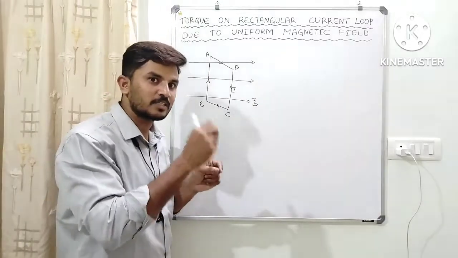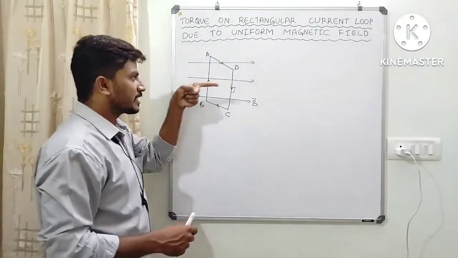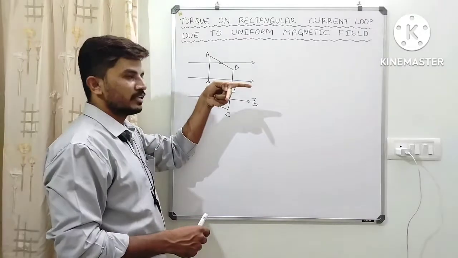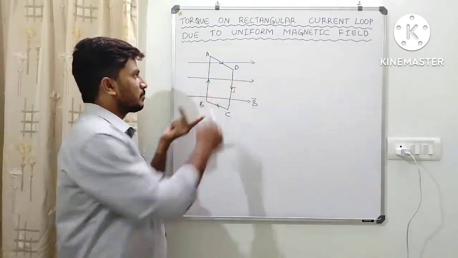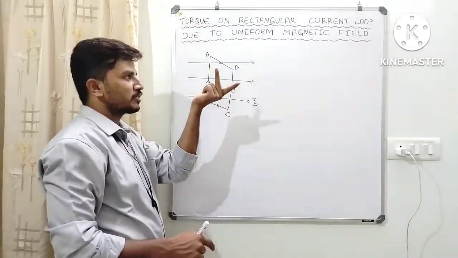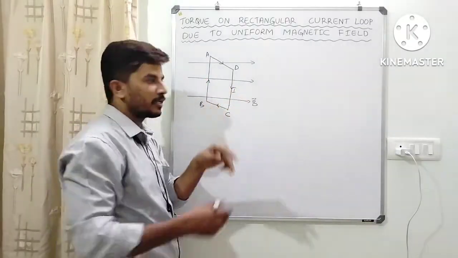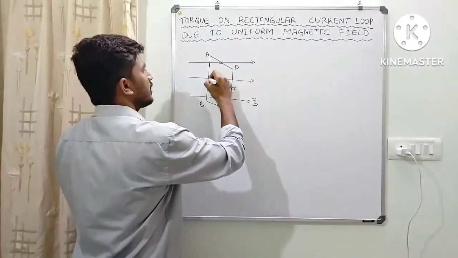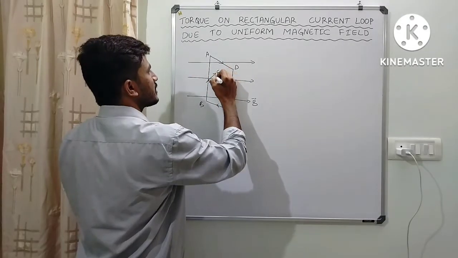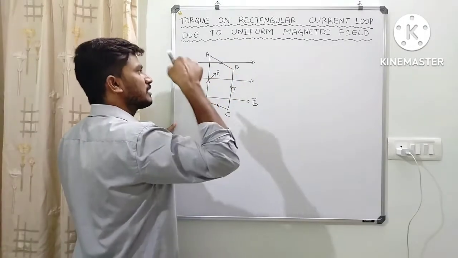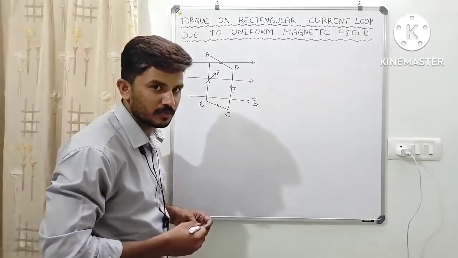Now, what is the direction of force acting? Here the direction of magnetic field is like this. The direction of current is upwards here. Then the thumb gives the direction of force, meaning inwards into the plane of the board. So the force experienced by this arm, let me call it F1, is into the plane of the board.